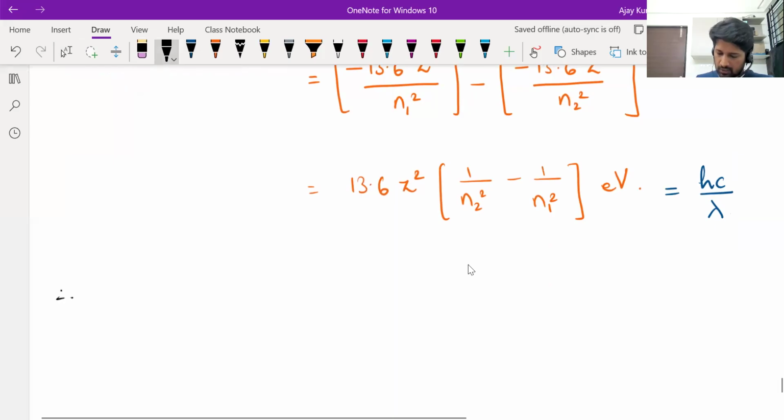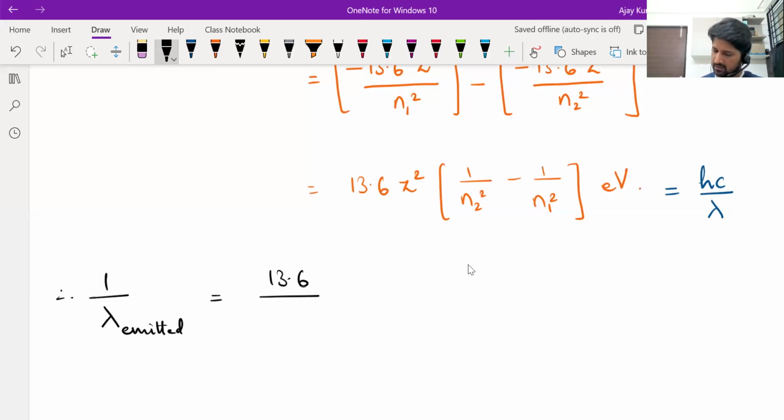Therefore, you get 1 by lambda, the wavelength that is emitted, when an electron jumps from a higher orbit to a lower orbit, becomes 13.6 divided by hc, z square into (1 by n2 square minus 1 by n1 square).